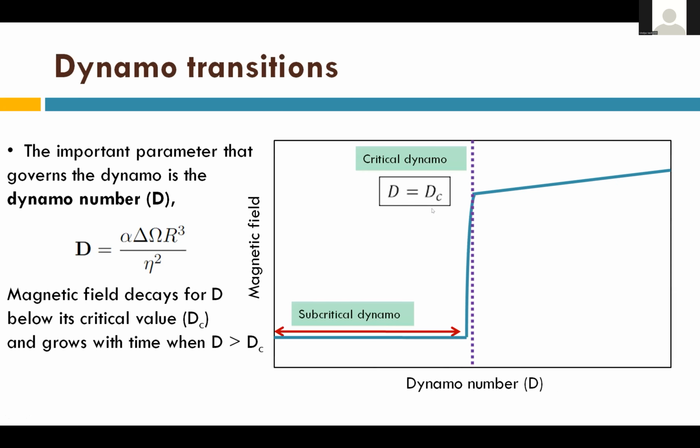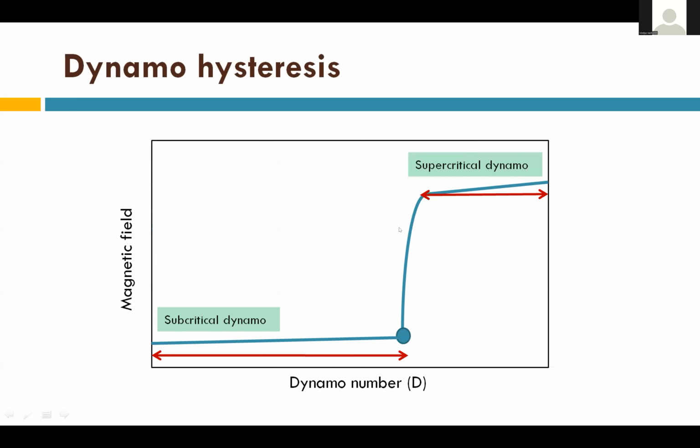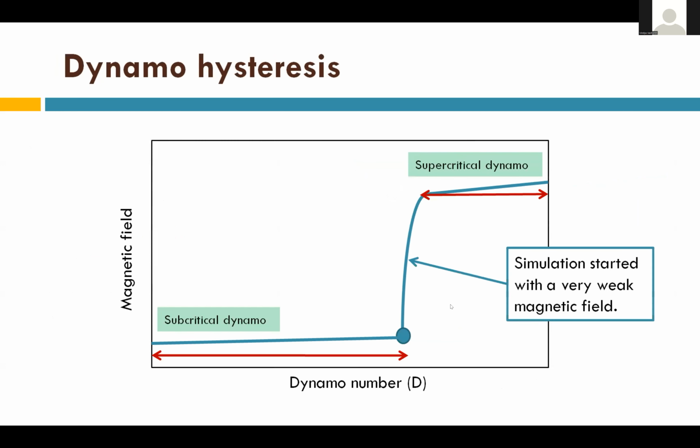Below the critical dynamo number, the dynamo does not operate and the magnetic field decays, whereas above the critical dynamo number, the magnetic field gives oscillation and the dynamo starts operating. Now, this pattern is obtained when we initialize the dynamo with a weak magnetic field.